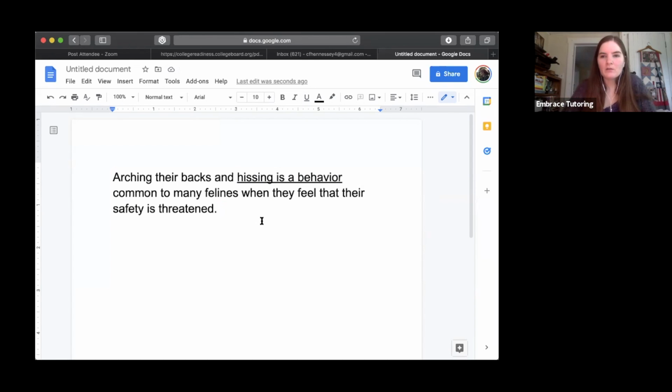Where are our actions? What are our verbs? Can anyone identify the verbs in this sentence? Because that's our starting place to figuring out what our subject is. So please let me know in the chat where you think the verbs are or what they are.